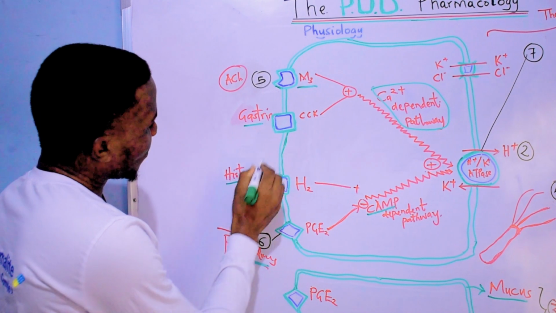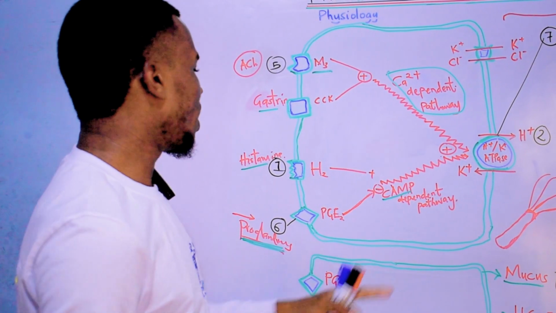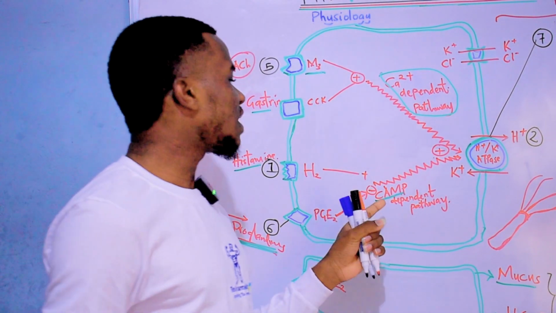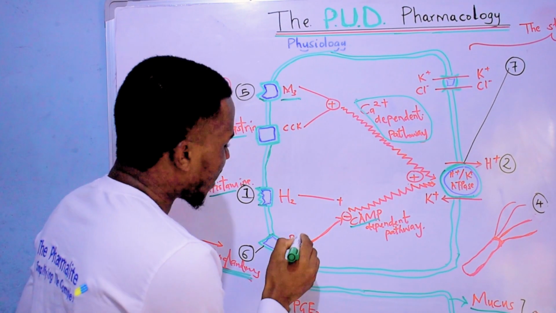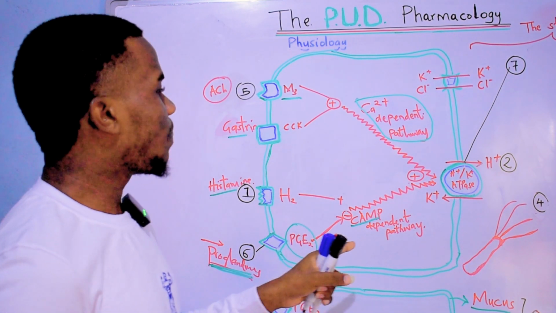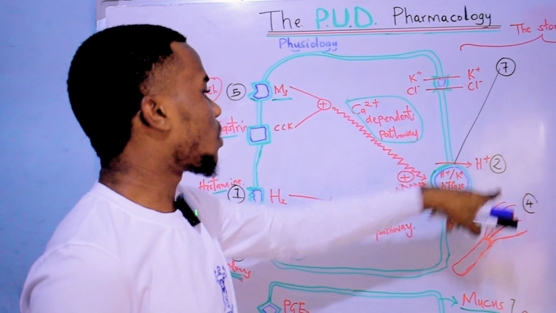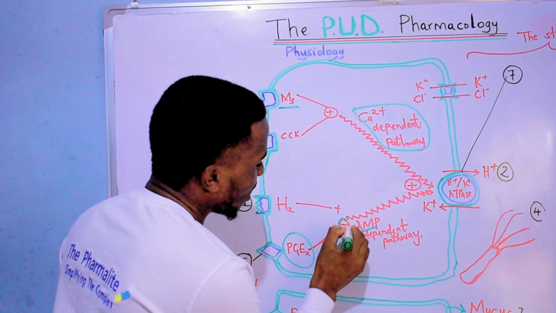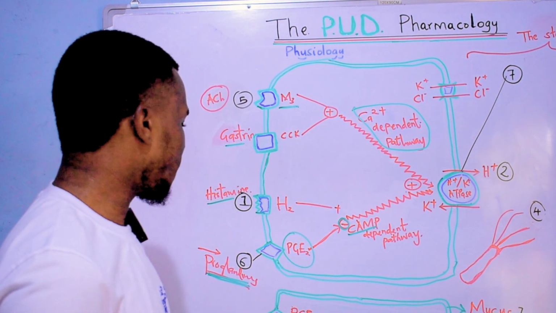Unlike histamine and the rest, prostaglandin actually inhibits the production of cyclic adenosine monophosphate. Therefore, when there is an excess of, for example, prostaglandin E, there's reduced production of hydrogen ions, because we have inhibited the cyclic adenosine monophosphate.